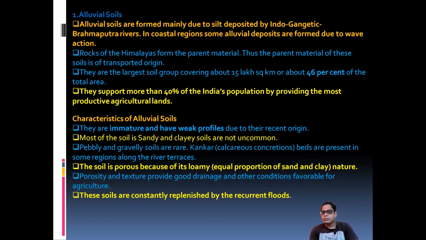The soil is porous because it is loamy, and porous means there is a gap between the soil particles, because if the particle size is larger, there will be gaps. These soils are constantly replenished by recurrent floods, so they change this area again and again.